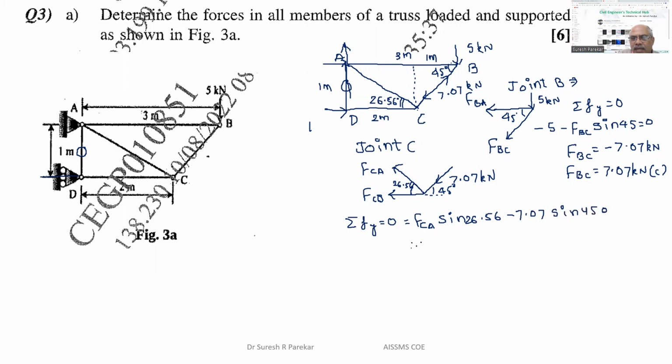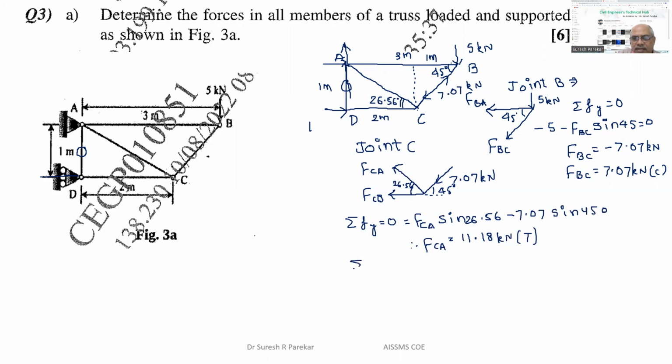And therefore we will get FCA that is equal to 7.07 sine 45 divided by sine 26.56. And we have this value 11.18 kilonewtons. As it is plus, so we have tensile.